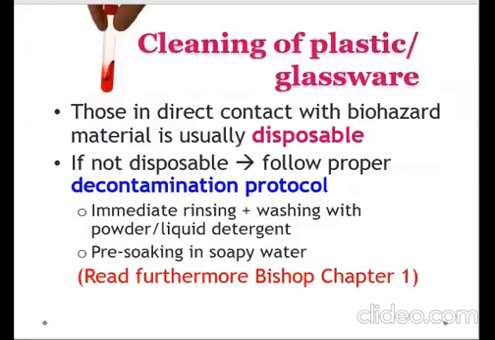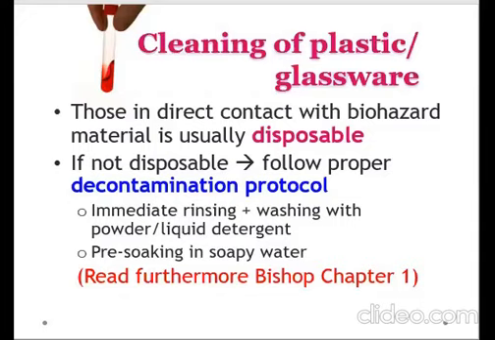Now, let's proceed with the cleaning of plastic or glassware. So, this is what I mentioned earlier. Those plastics or glass that have direct contact with biohazardous material should be disposed of properly. To dispose of them properly, we follow what we call the decontamination protocol. So, what is this decontamination protocol?